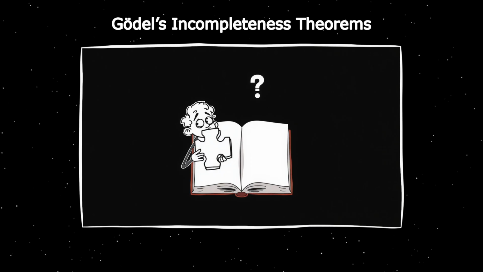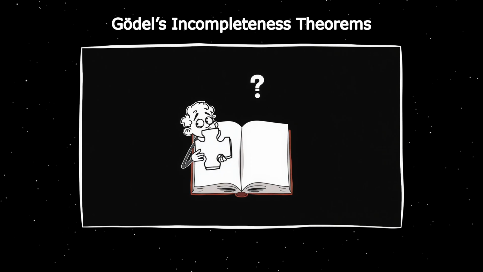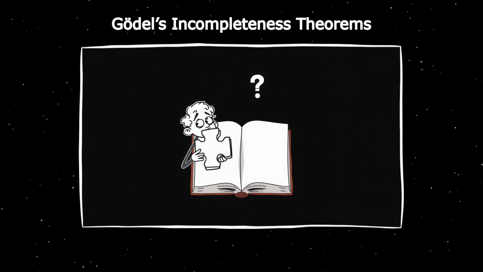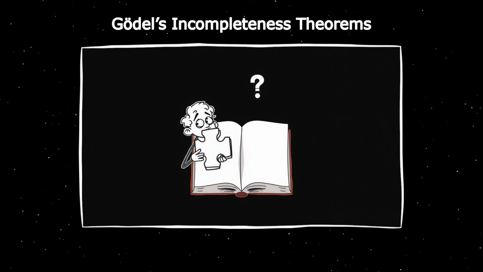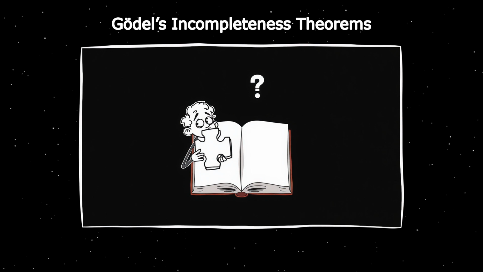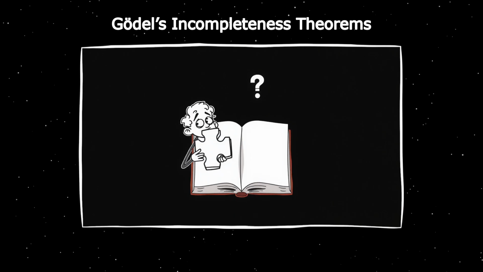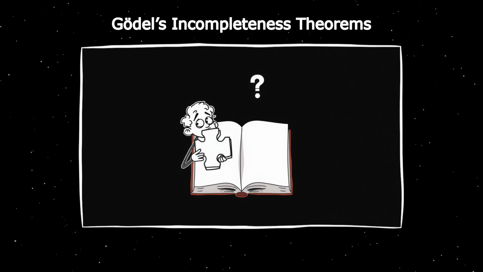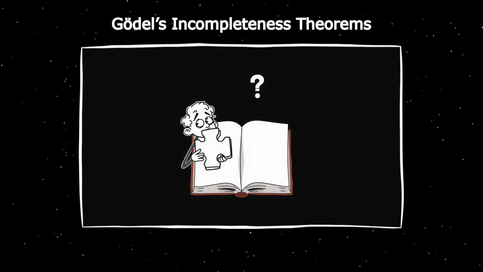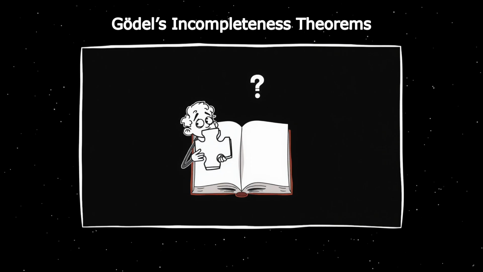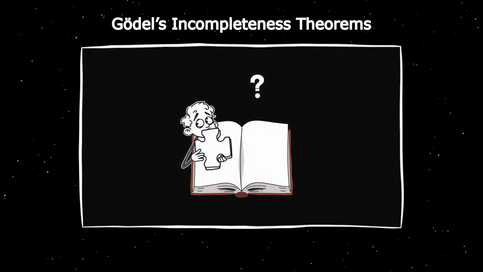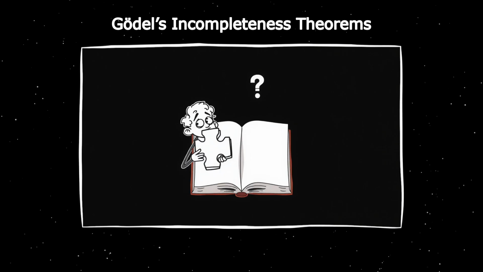If this statement were to be proven true, it would create a contradiction, as it claimed it cannot be proven. If it were false, it suggests there is a true statement that cannot be proven, demonstrating the very essence of Gödel's findings.